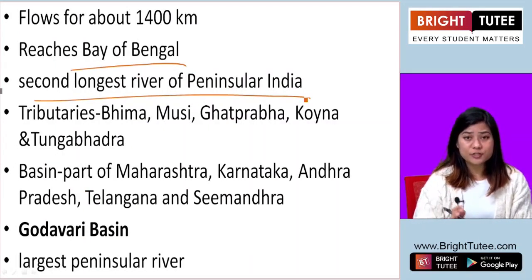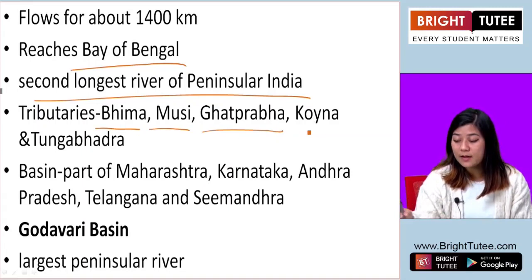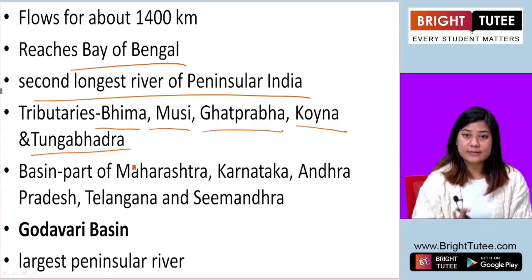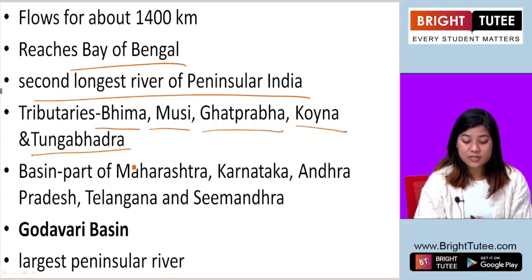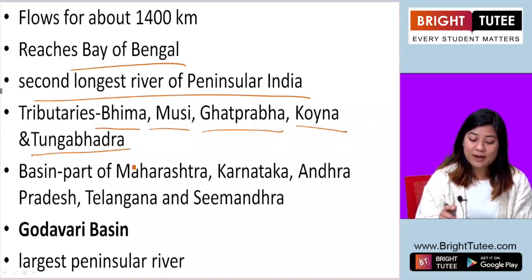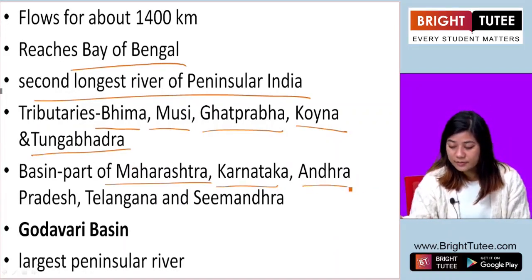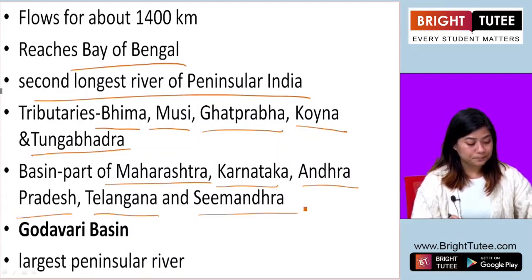It has important tributaries and those tributaries are Bhima, Musi, Ghataprabha, Koyna and Tungabhadra. And the area that Krishna River and its tributaries cover are part of the states of Maharashtra, Karnataka, Andhra Pradesh, Telangana and Seemandhra.